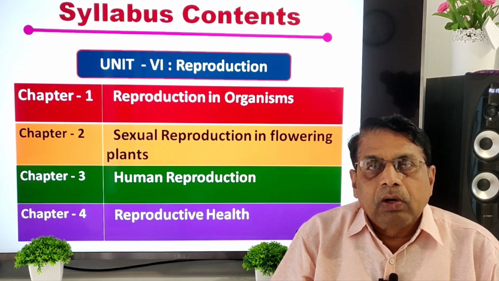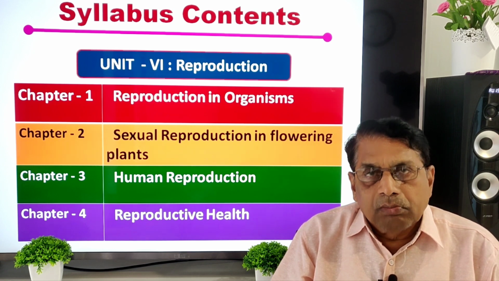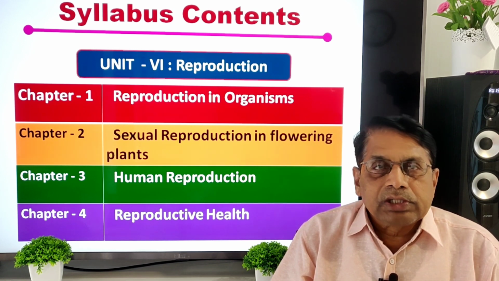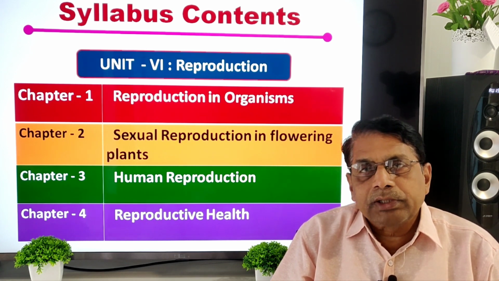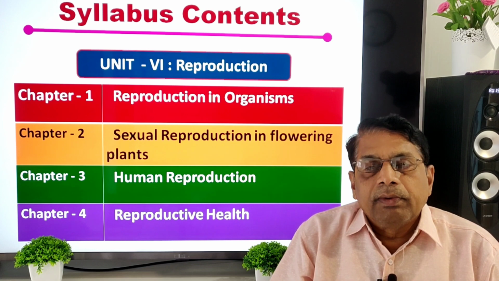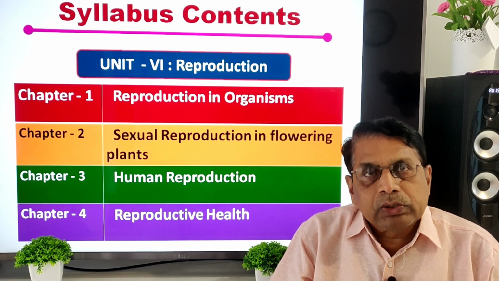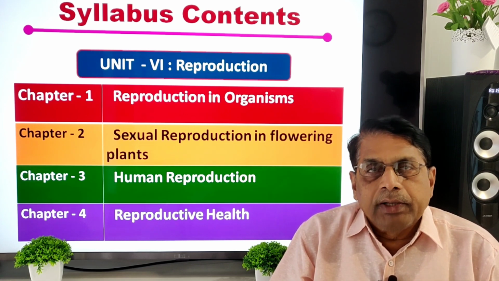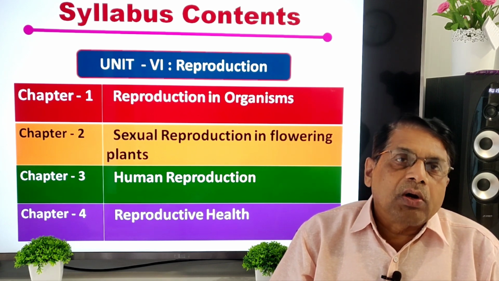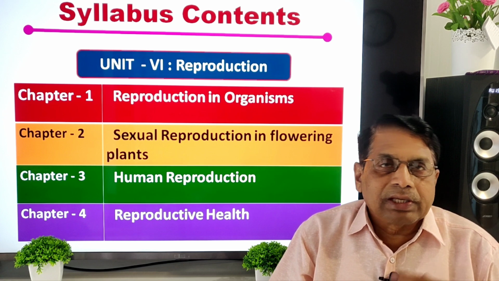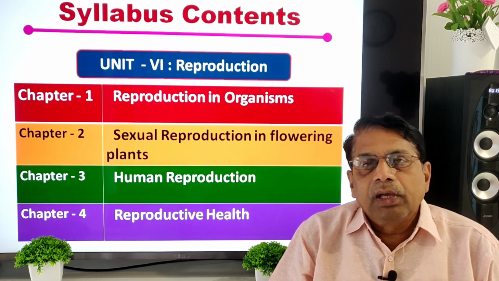Inside that there are different types of structures: antipodal cells, synergids, and the egg cell. Then how fertilization takes place, and how the embryo develops. In angiosperms particularly, there is a double fertilization: the pollen tube carries two male gametes, and both are involved in the fertilization process. That is called double fertilization, which is the characteristic feature of angiosperms.